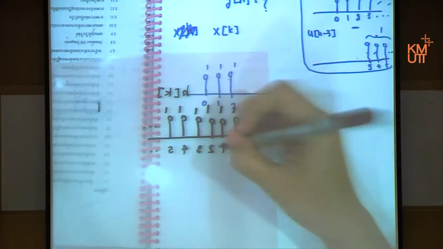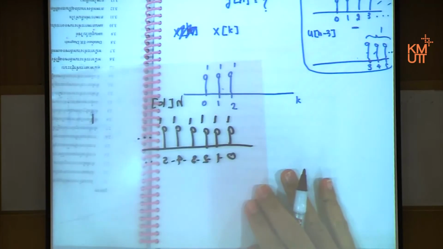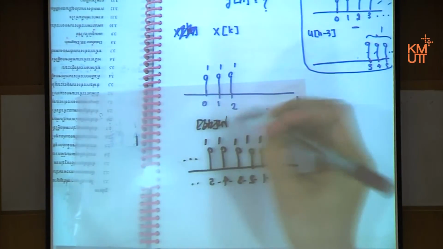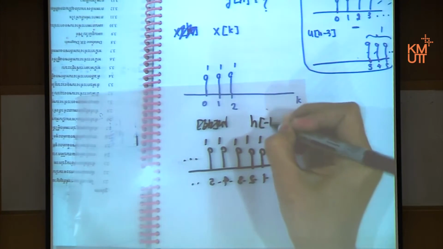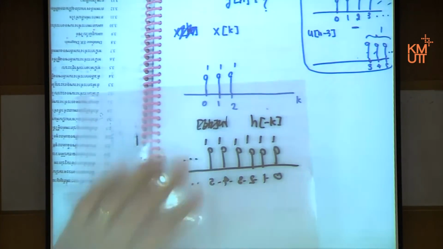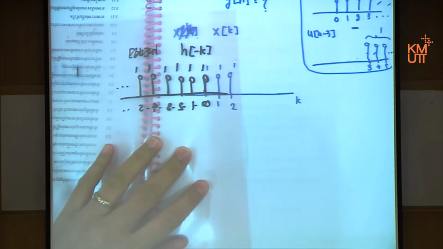So the black one now changes to h[-k] already. So put it on the same position, 0 and 0 together, like this.